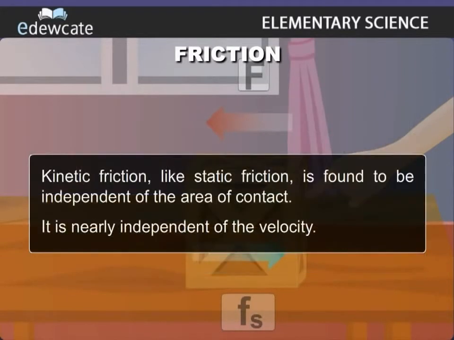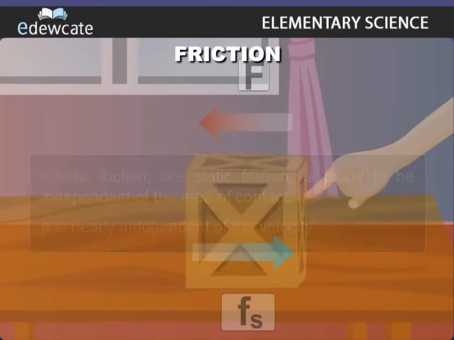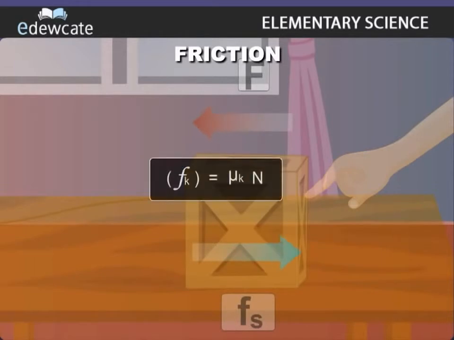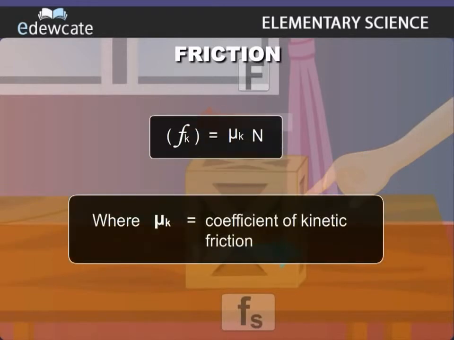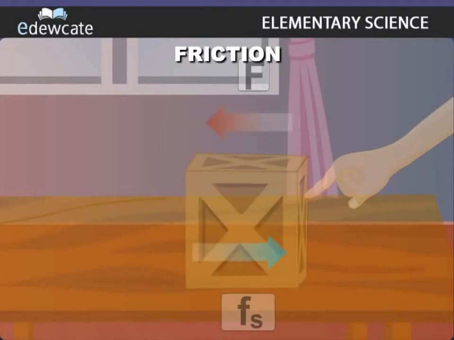Kinetic friction, like static friction, is found to be independent of the area of contact. Further, it is nearly independent of the velocity. It satisfies a law similar to that for static friction. Fk = mu k N, where mu k is the coefficient of kinetic friction, which depends only on the surfaces in contact. Experiments show that mu k is less than mu s.